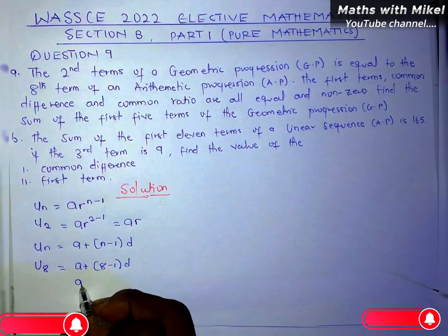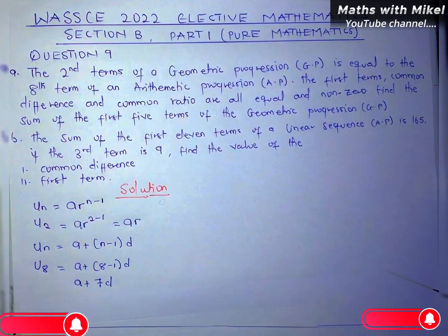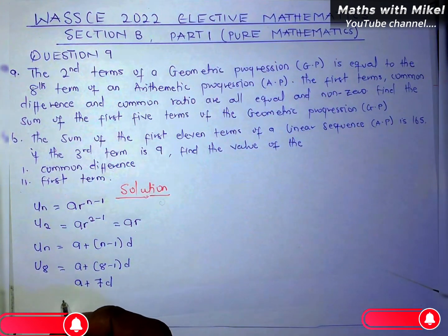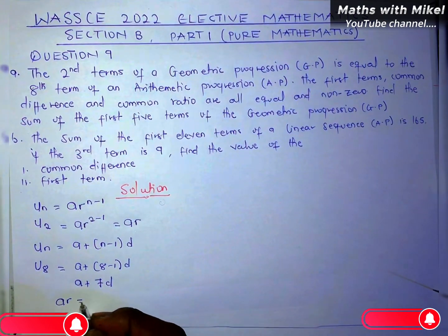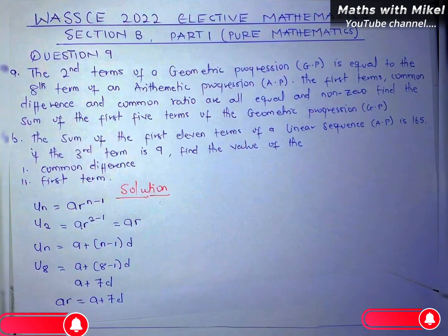And that's a plus 7d. So if the second term is equal to the eighth term, we can say that ar is equal to a plus 7d. So that's the first part.